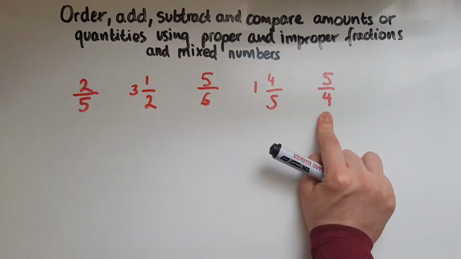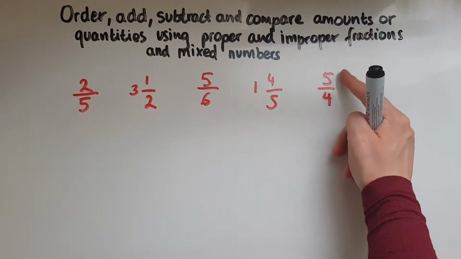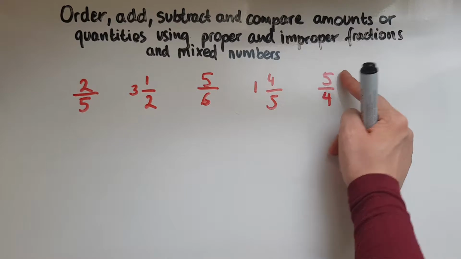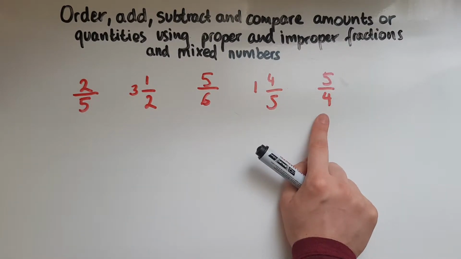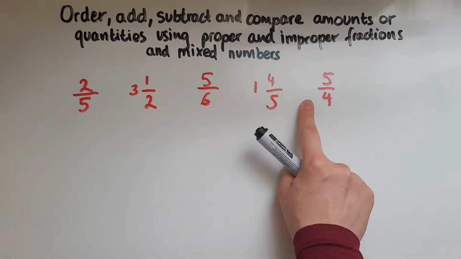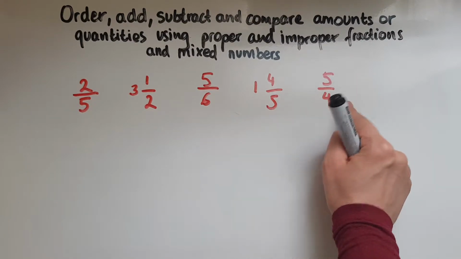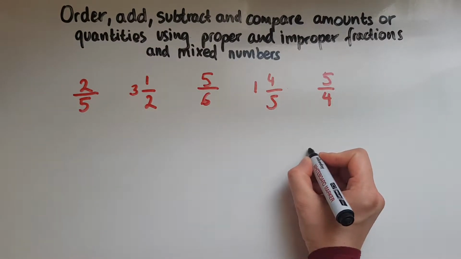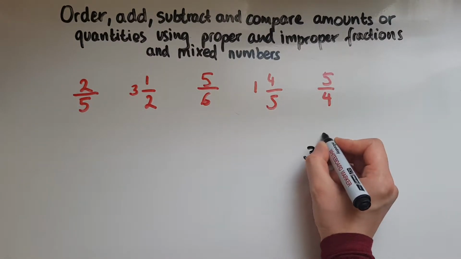And looking at this one, this is more than a whole, but it's not anywhere near having 3 whole ones, because then it would be 12/4, and 5 is much smaller than 12. So the biggest out of these would be 3 and 1/2.